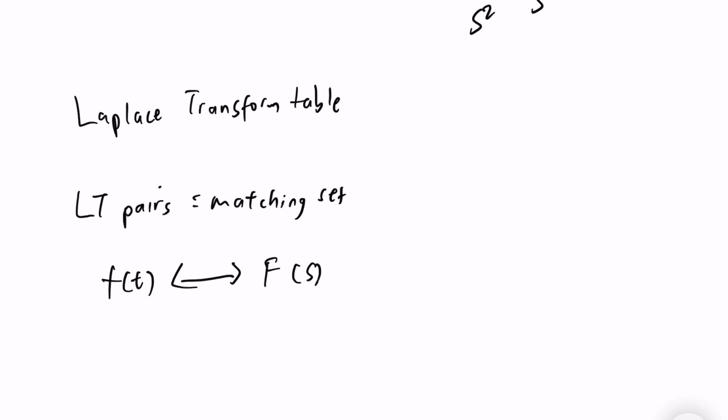It becomes a function F(s) in the s domain after applying the Laplace transform. Please refer to the notes, and you can see that this is the common thing that you have in the table, which is this is f(t), this is F(s).